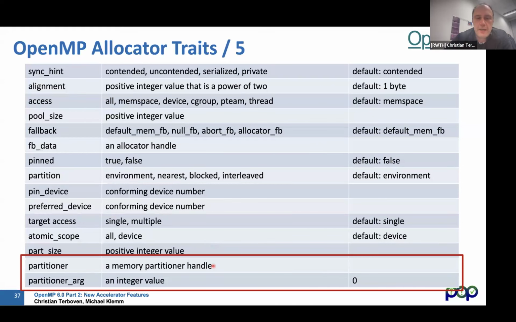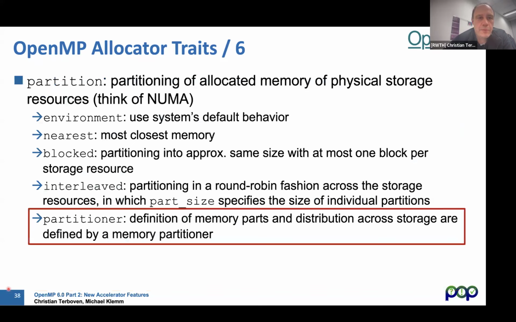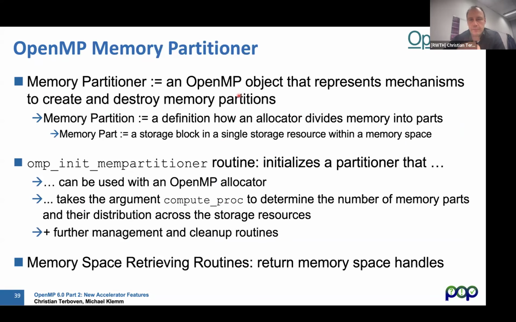So that's again an object that's defined and constructed and initialized within the user code, and then it takes a certain argument. So let me explain that. So we specify the partitioner here, which allows you to define memory paths and distribution across the storage in your own way, exactly by the means of a memory partitioner.